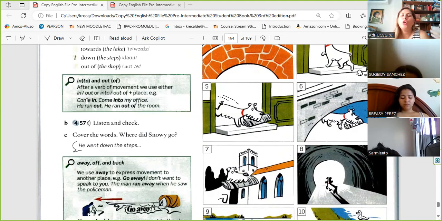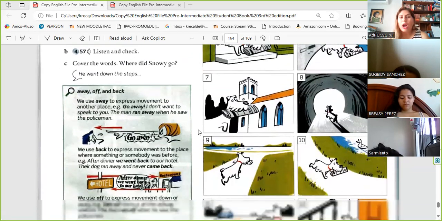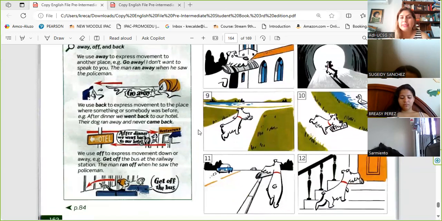But if you have a noun, come into my office. My office is the noun. He ran out, there is no noun, but if we say the noun, we use ran out of. He ran out of the room. Okay? Now, away, off, and back, pay attention to these ones.